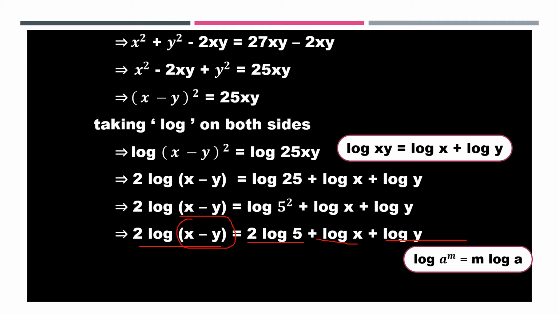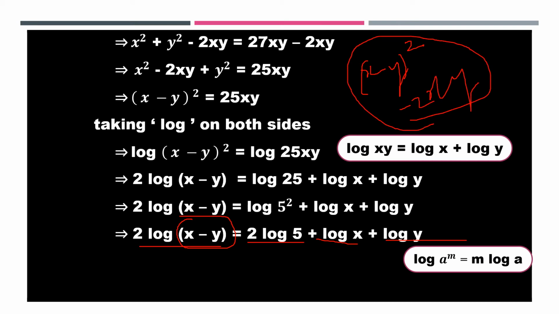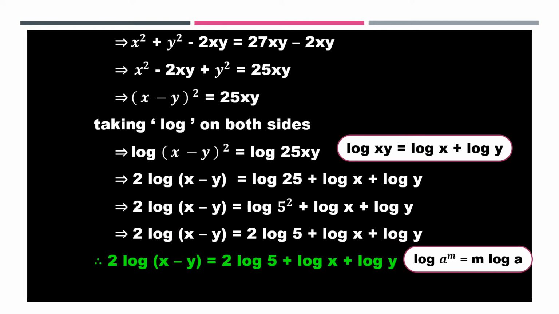If it is x minus y, you do (x minus y) whole square. To get (x minus y) whole square, you should subtract 2xy on both sides. This is the only thing you should remember in the start. If you remember this, the entire problem will be a continuation of this. So we proved 2 log (x minus y) equal to 2 log 5 plus log x plus log y.